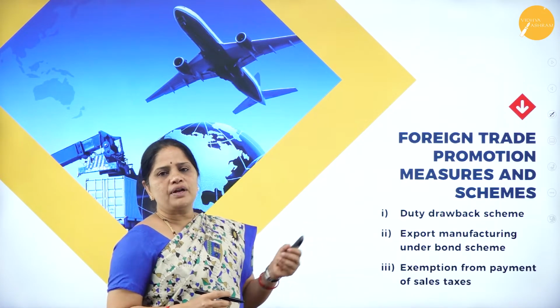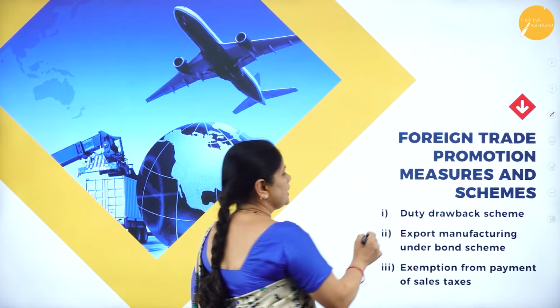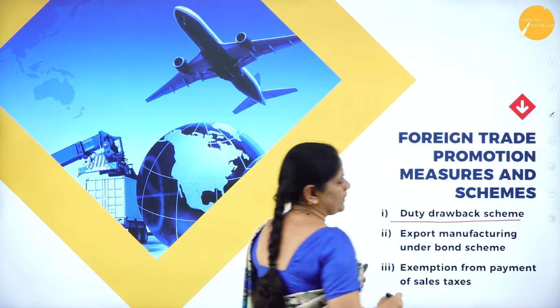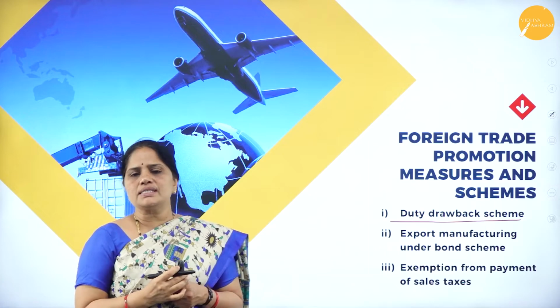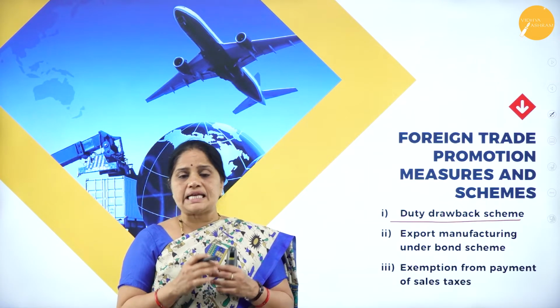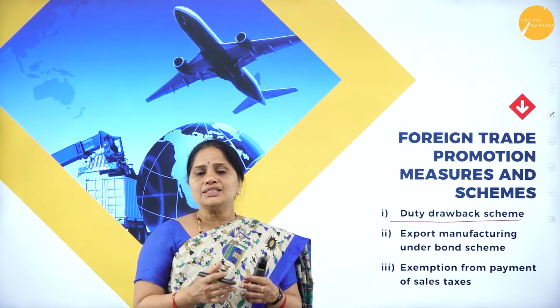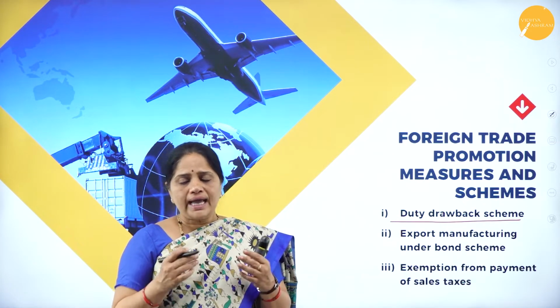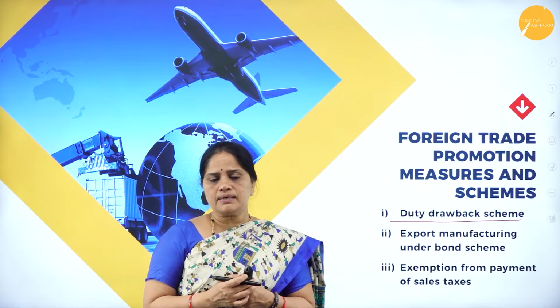Now the first foreign trade promotion measure is the duty drawback scheme. Whenever exporters manufacture goods and all these goods are meant exclusively for exports, such goods should not be subject to any excise duty or customs duty.